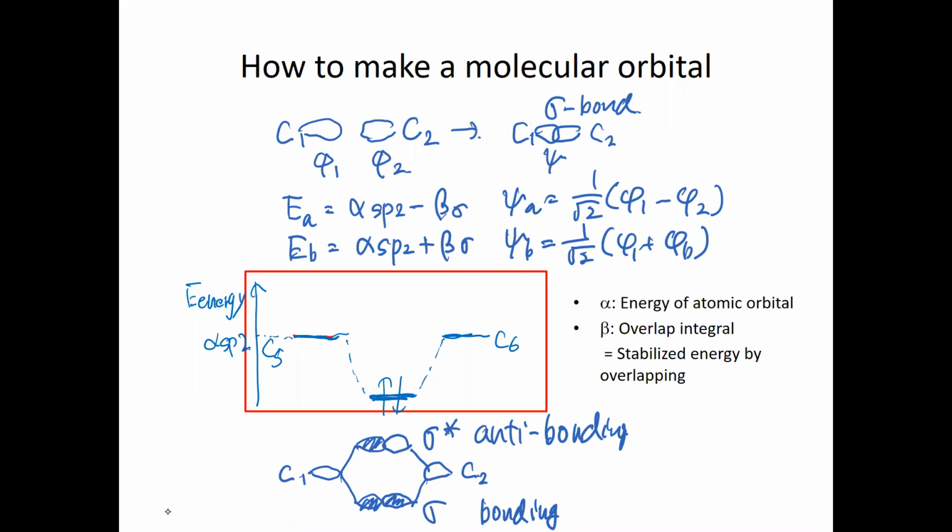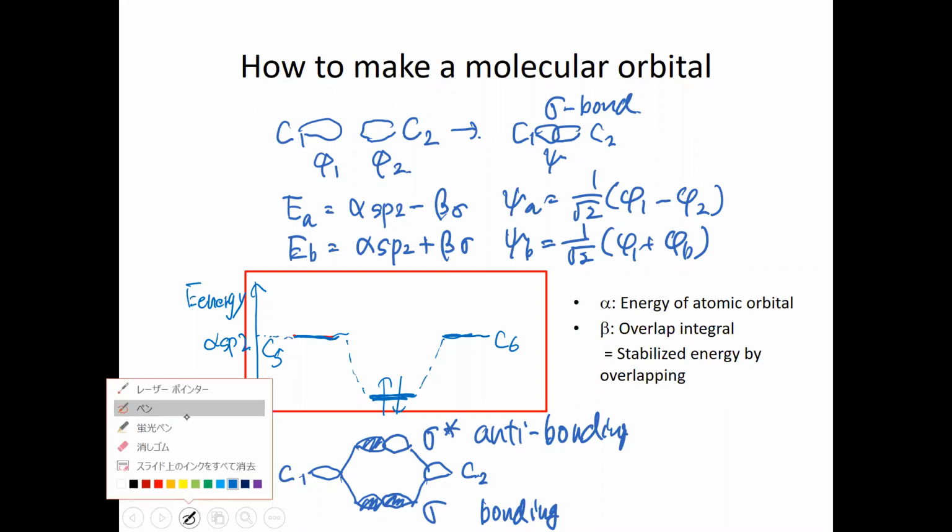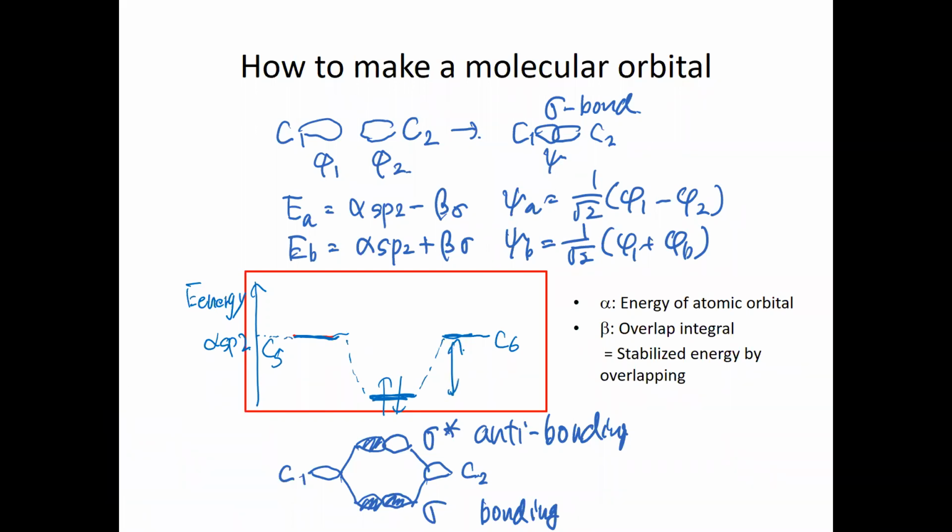How much this energy stabilization happens is given by the overlap integral. By overlapping the two atomic orbitals, you get the stabilization of energy.